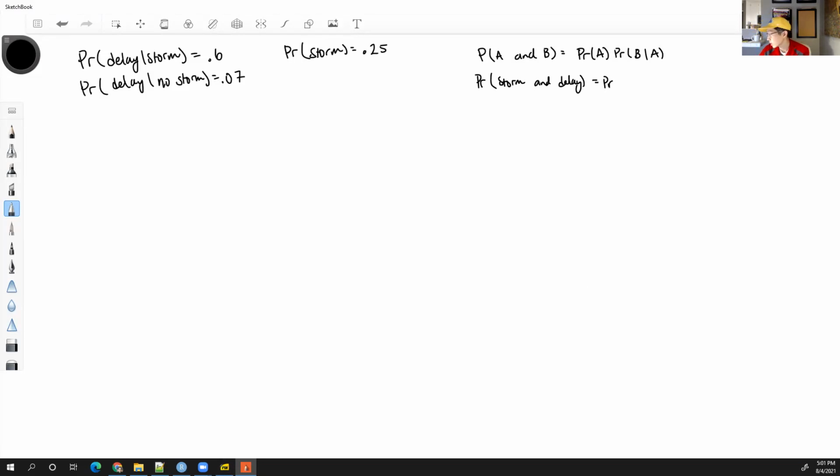So A is the storm. This is going to be the probability of a storm times the probability of B given A, which is the probability of a delay given a storm.